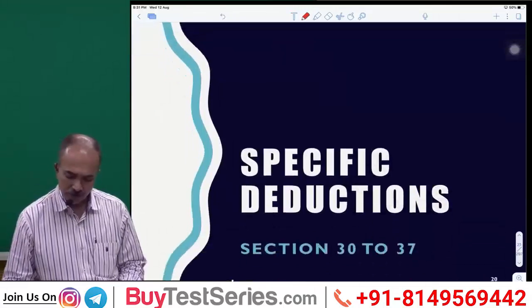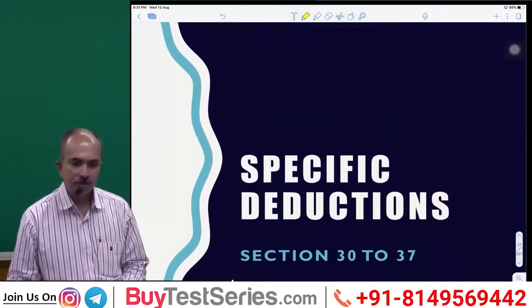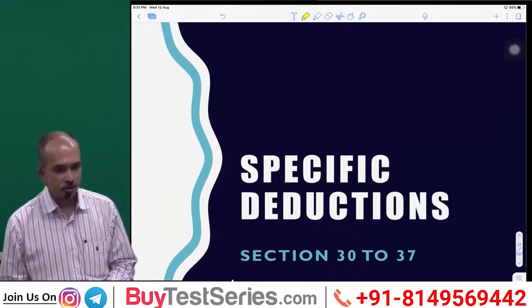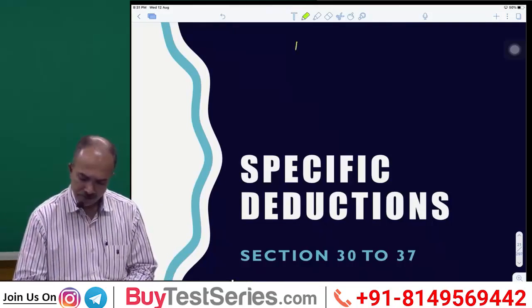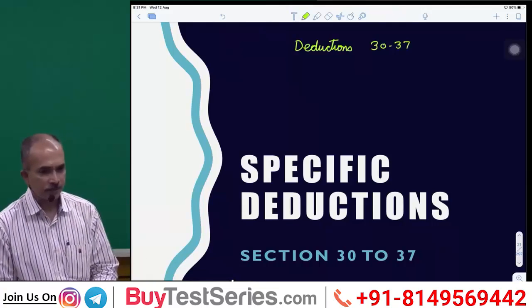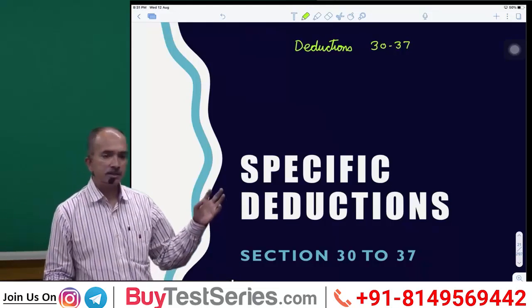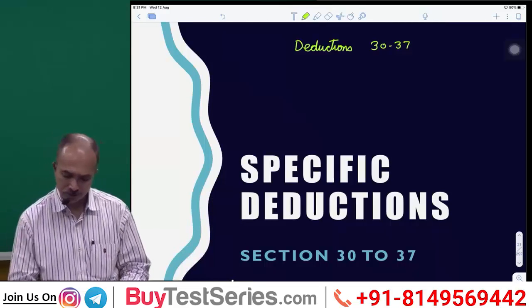Now when we go from sections 30 to 43D, broadly speaking, we are going to divide our discussion into 3 areas. Which 3 areas? We will be first dealing with deductions, which are governed by sections 30 to 37. Deductions means certain expenses which are specifically allowed as a deduction.